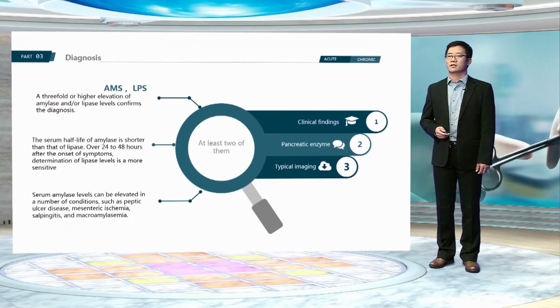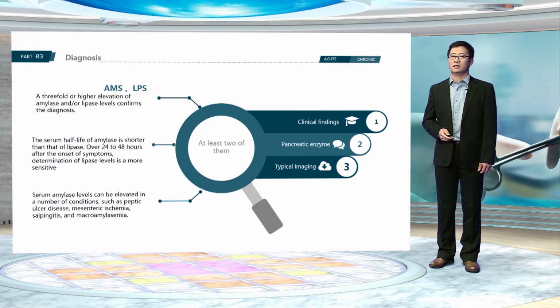Diagnosis. Diagnosis of AP is usually based on clinical findings, pancreatic enzyme levels, and typical imaging, at least two of them. We will talk about the pancreatic enzymes, amylase and lipase.